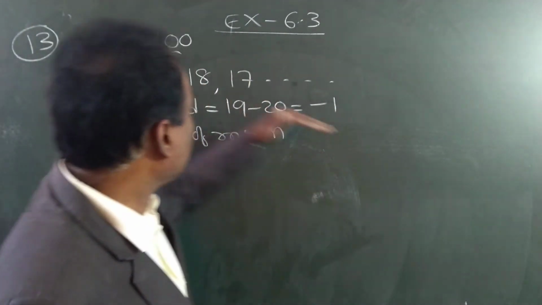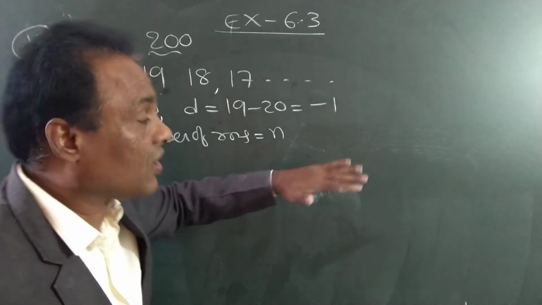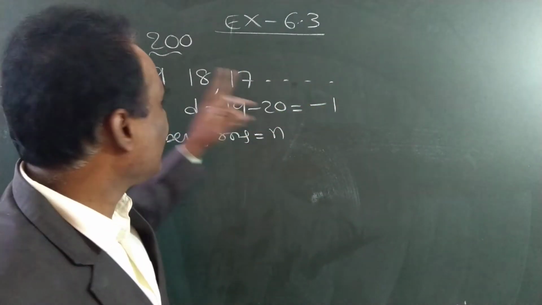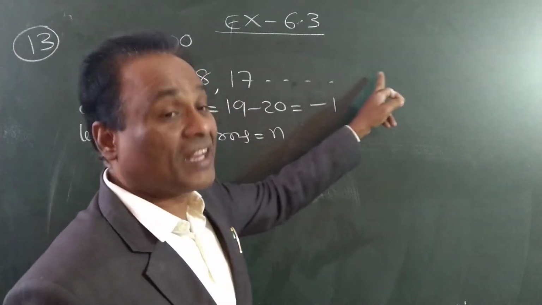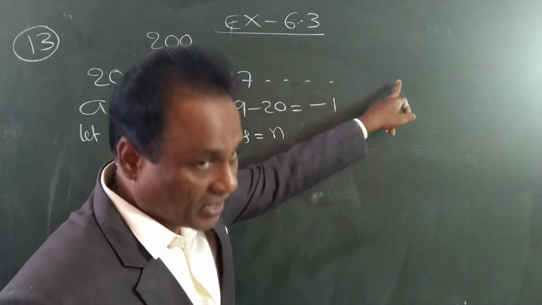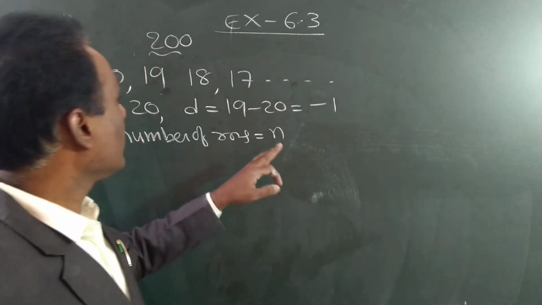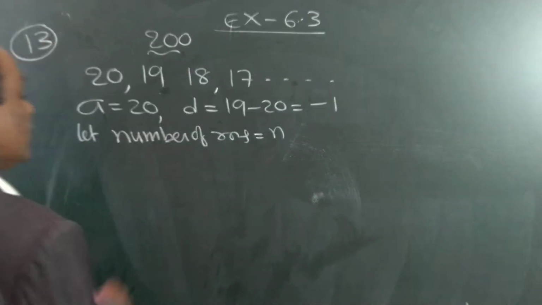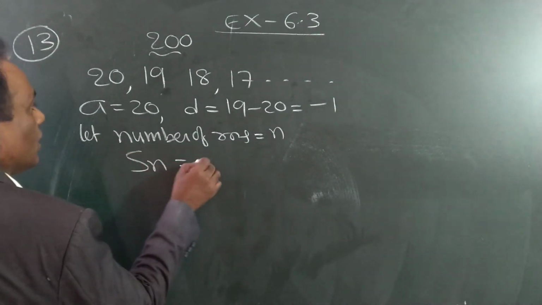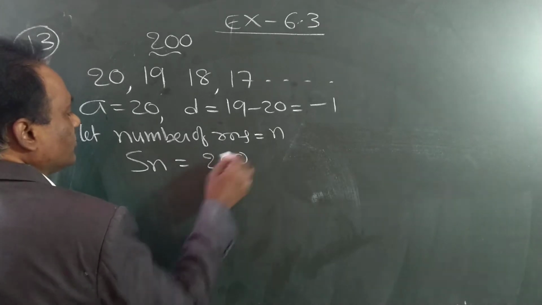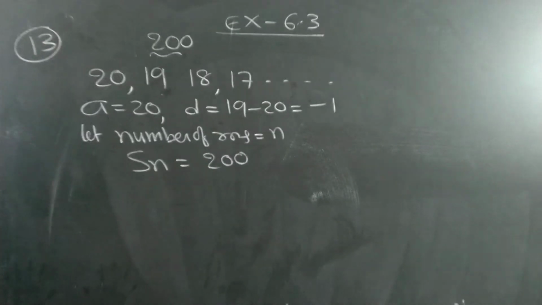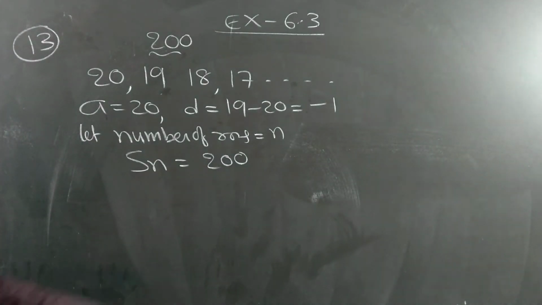First row there are 20 logs, second row 19 logs, 18 logs, 17 logs. How many terms should I write so that the sum is 200? The sum of all the logs should be 200.